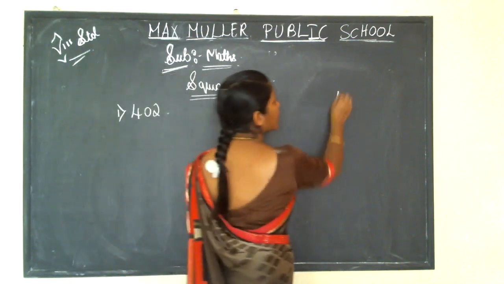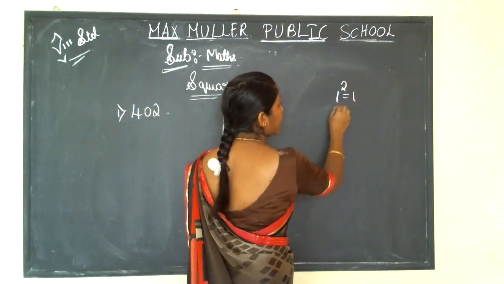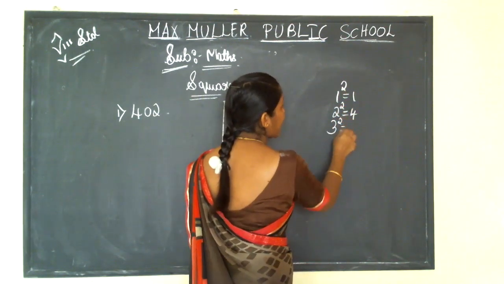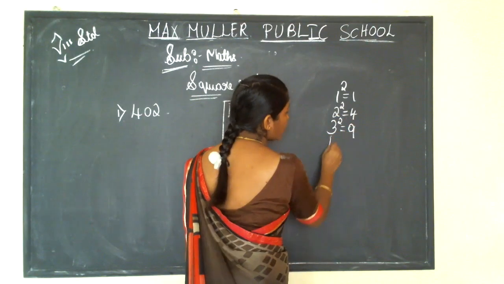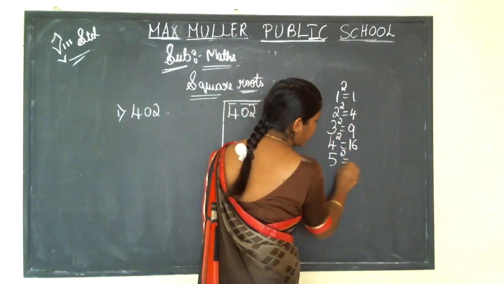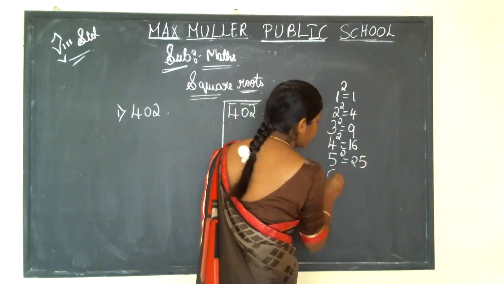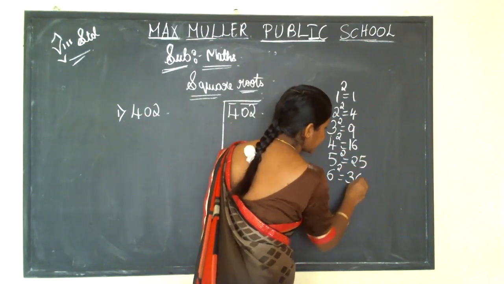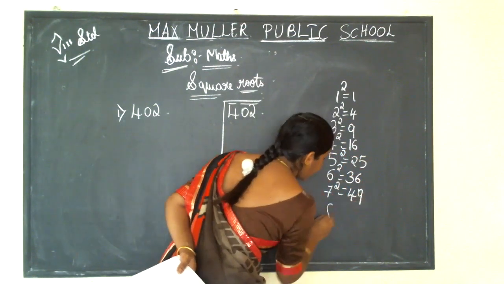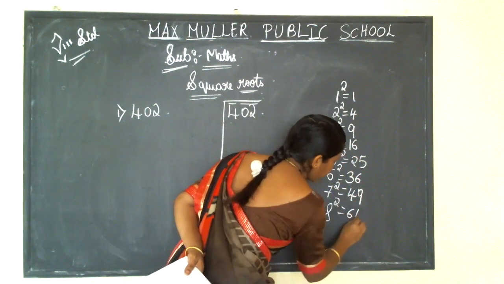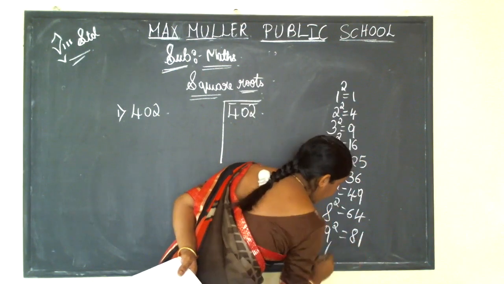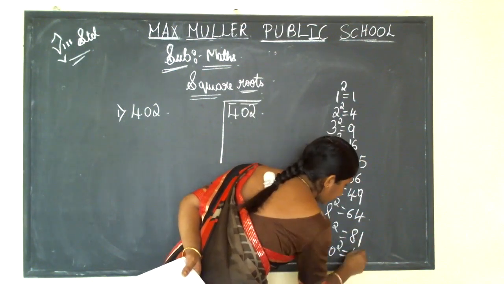Now, as I wrote here, 1 square is 1, 2 square is 4, 3 square is 9, 4 square is 16, 5 square is 25, 6 square is 36, 7 square is 49, 8 square is 64, 9 square is 81, and 10 square is 100.